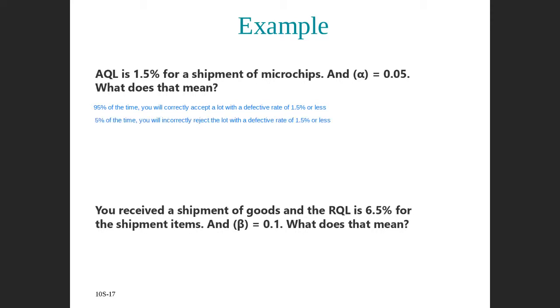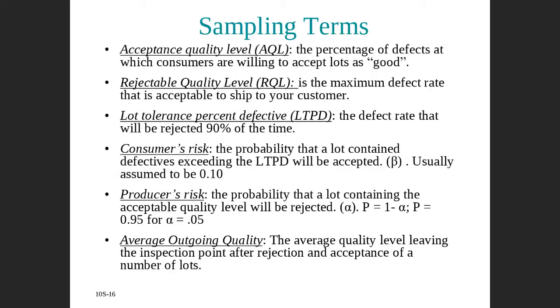For the second example, we have received a shipment of goods that has RQL of 6.5% for a shipment of items and beta equals 0.1. What does that mean? Again, we go to the definition. The RQL is the number of defects at which you reject the batch.